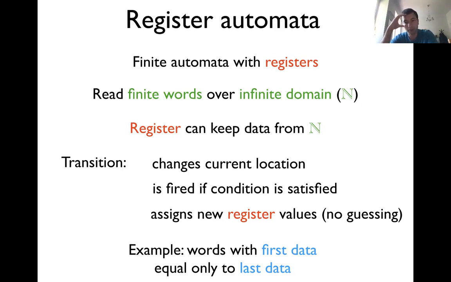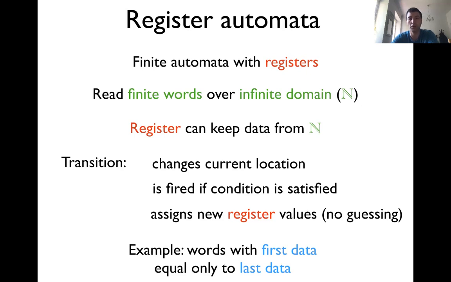Okay, maybe I can tell you a few words about guessing here. If we had guessing, we could accept some other languages. For example, we can accept the language of all words such that the last data value did not occur before. How to do it?